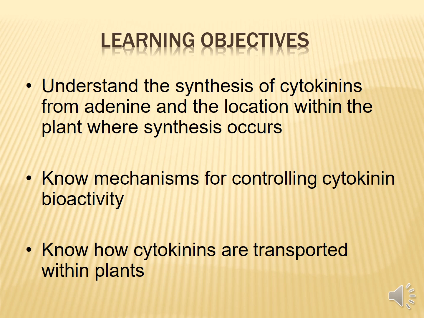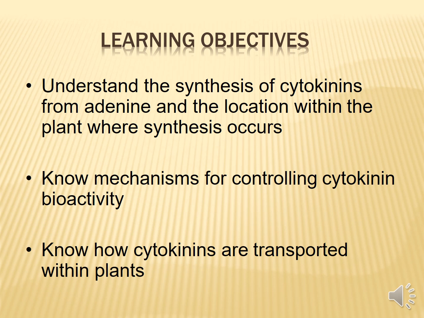Alright, so we look at the learning objectives. For cytokinin, you need to know about the synthesis of the cytokinin. They actually come from the compound we call adenine, and you need to know the location in the plant that synthesizes this plant hormone.